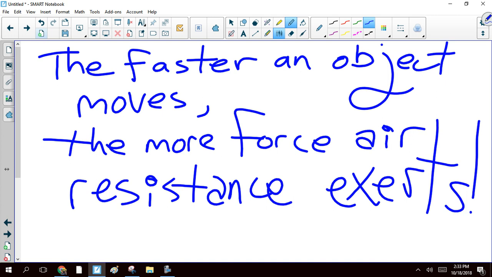The faster an object is moving, the more force air resistance will exert on the object.